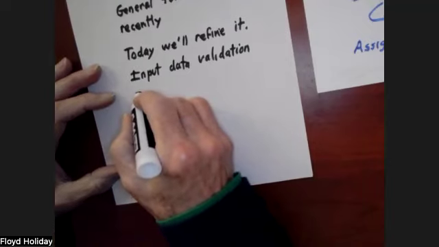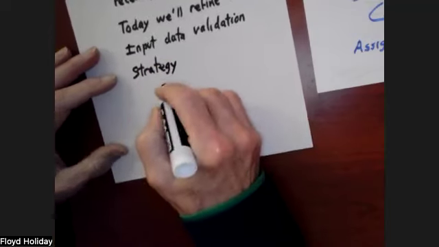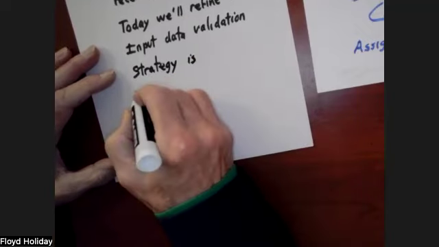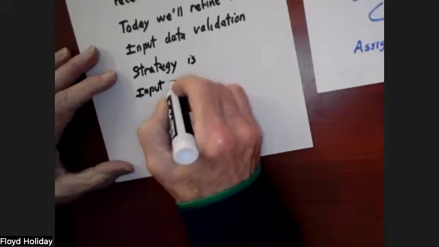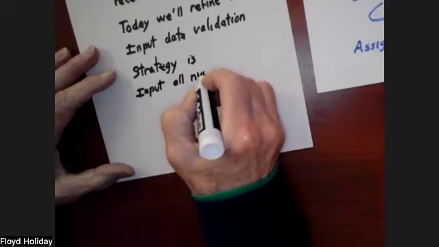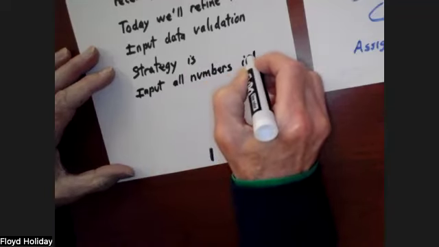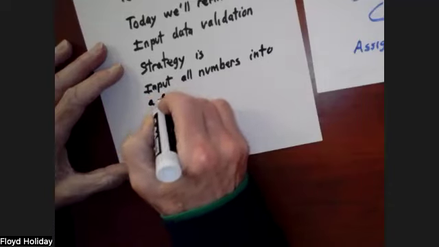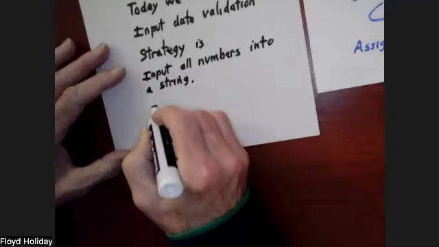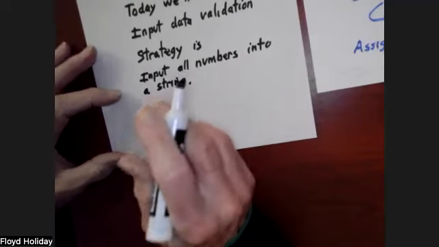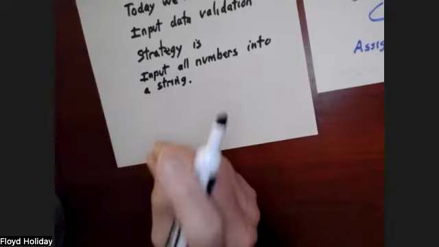So the strategy is: input all numbers into a string. Then run a checker on that string to validate that the string contains real digits.